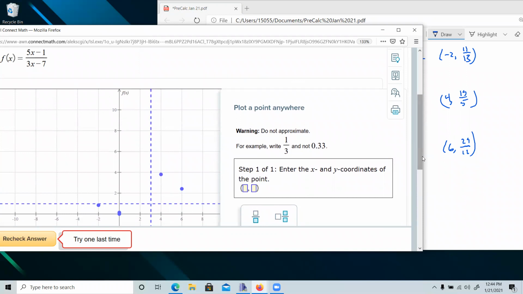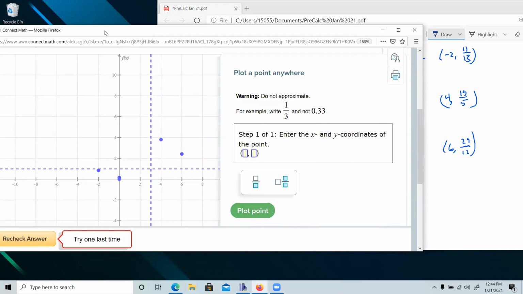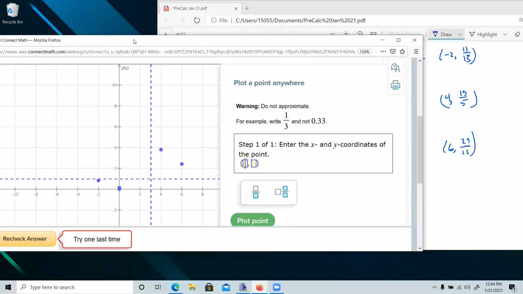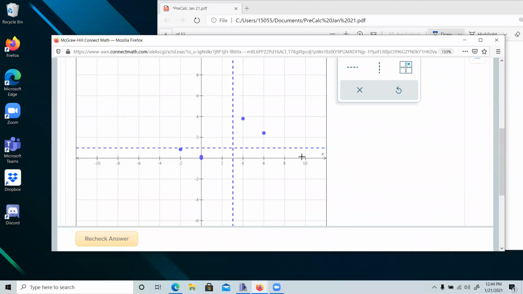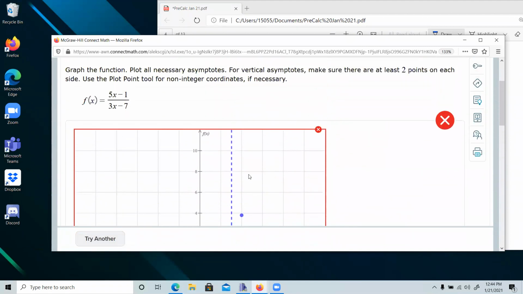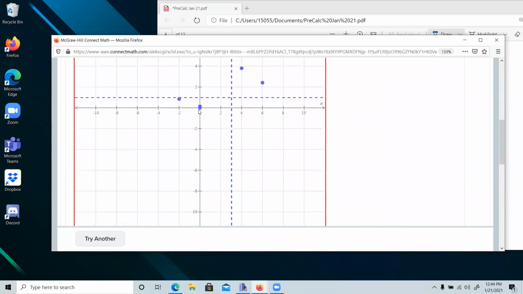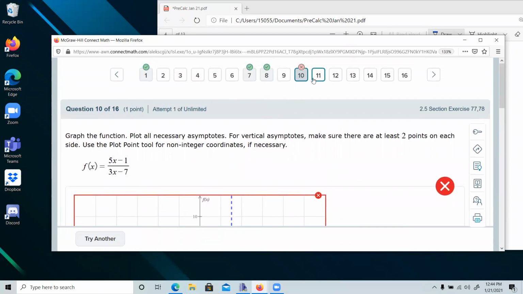What a crummy problem setup here. Maybe it's on this side. No, it's nowhere. All right, well, guess what? You're wrong, of course. All right, so we know why. We forgot to erase that point, and we didn't have a chance to do this. So, oh well. We'll move on from there.